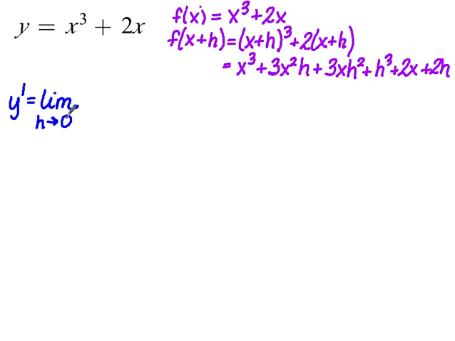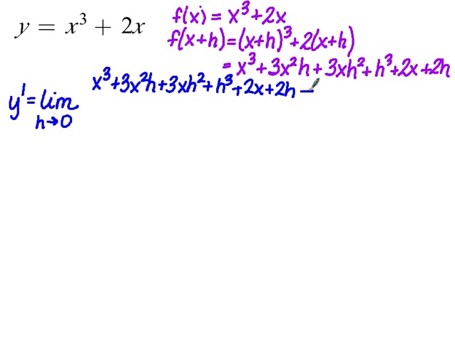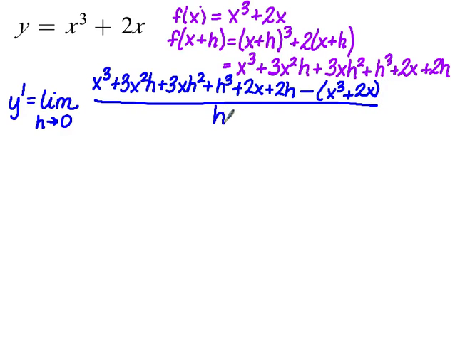So I'm going to write out that whole one: x cubed plus 3x squared h plus 3x h squared plus h cubed plus 2x plus 2h. And I'm going to subtract from that what? X cubed plus 2x. And then all of that I'm going to divide by h.